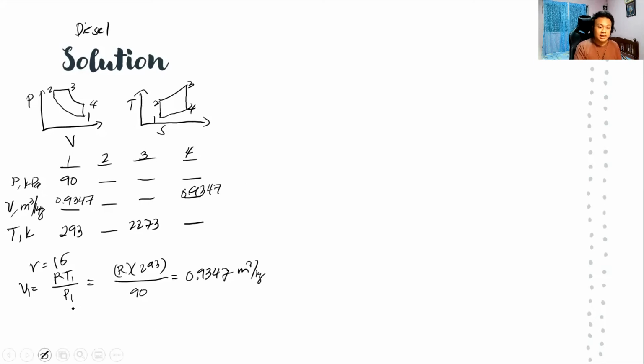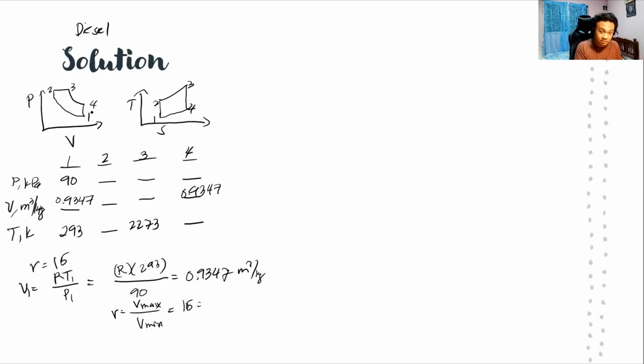And then we have to solve for our V1 and V2 and V3. But V2, actually, remember that our compression ratio is Vmax over Vmin, diba? So what are these values? In the state, we have 15 here, and then Vmax, diba?